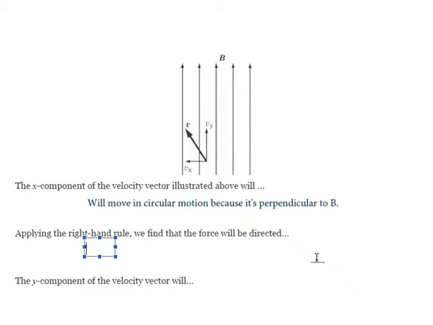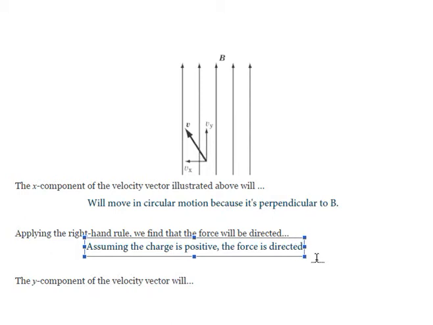If you're doing it the right way, your palm should be facing up. That's the easiest way, maybe the only way. I don't know, I'm not that flexible. Your thumb should be pointed right into the page. We'll assume here our charge is positive. So assuming the charge is positive, the force is directed into the page.